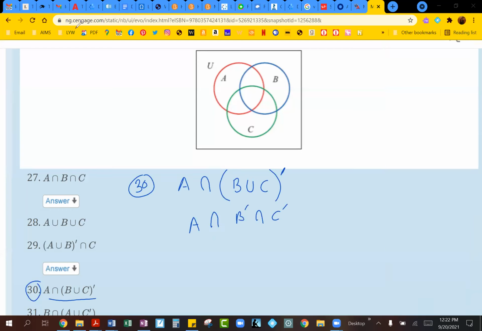So A intersected with B complement and intersected with C complement.